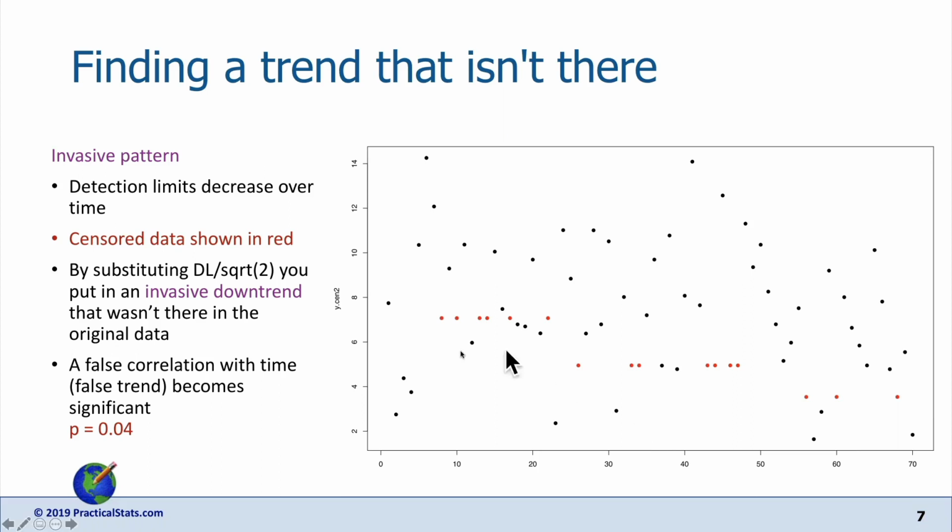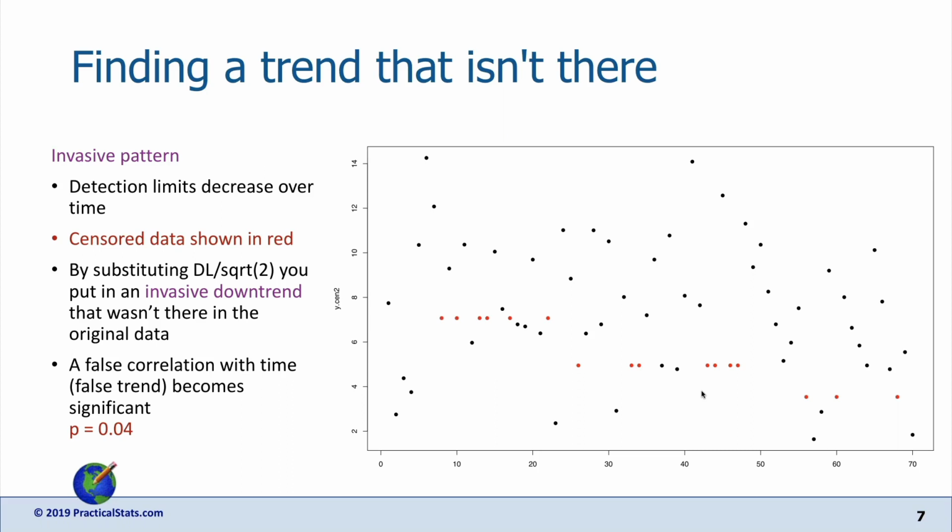One of the classic cases of finding a downtrend in particular is when you have non-detects and you stick in something like half of the detection limit, or whatever your favorite fraction is, and that goes down over time. And that has nothing to do with whether the original data in the stream or the aquifer or in the soils goes down over time.